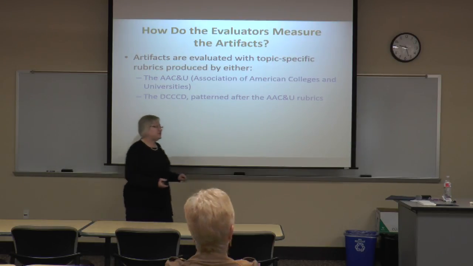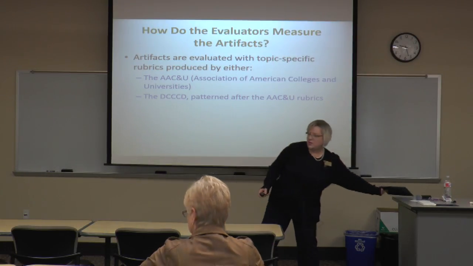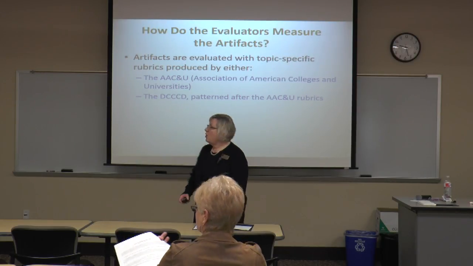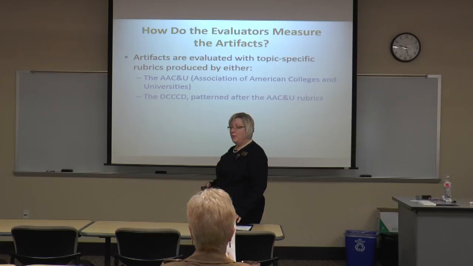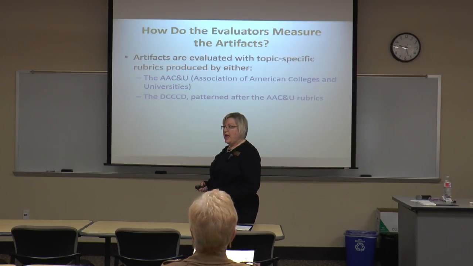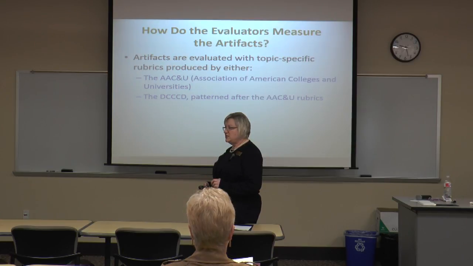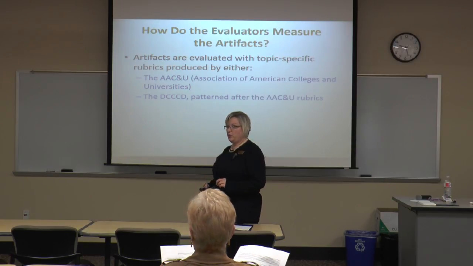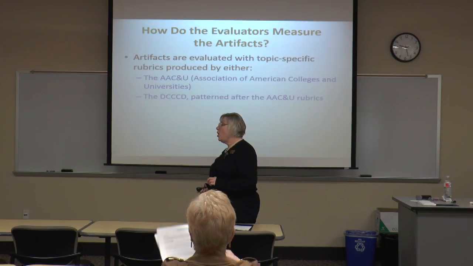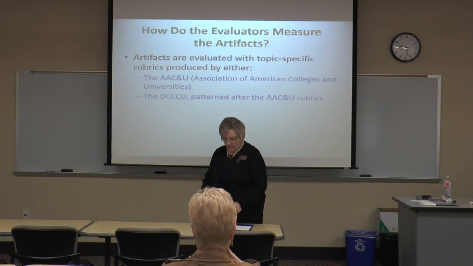The artifacts are scored on the computer, and they are compared to a rubric that comes from the Association of American Colleges and Universities. And in the couple of instances where we don't have an appropriate rubric from them, faculty from the district have gotten together and made our own that are patterned after those.